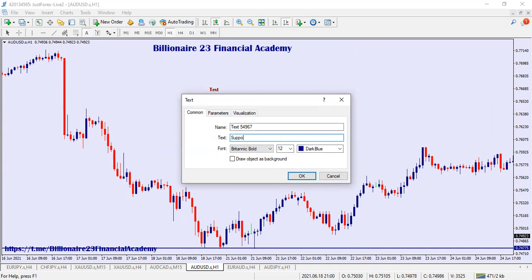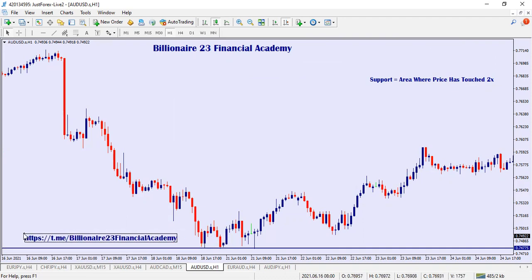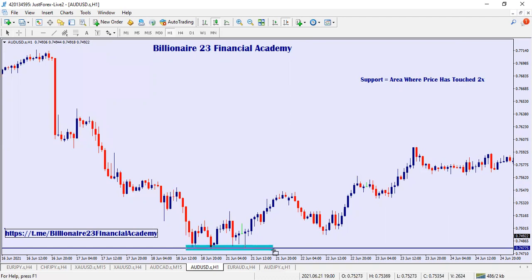Let me just type this in. Support is an area in the market where price has touched 2 or more times. Simple example of that would be this area here.